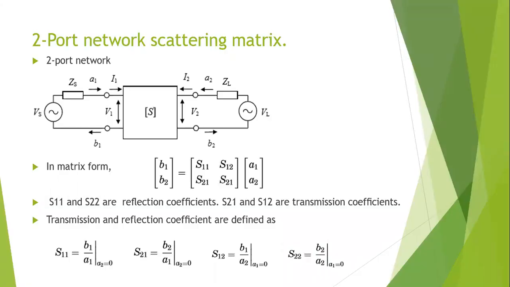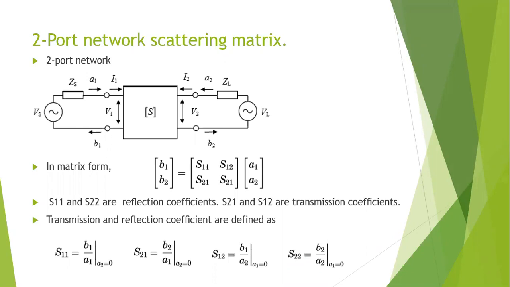As we can see in the slide, there is an equivalent circuit model of a two-port network. If we consider any kind of two-port network, we have to analyze its equivalent model to study the scattering matrices. So here there is a two-port network which is excited by a voltage source and load voltage.